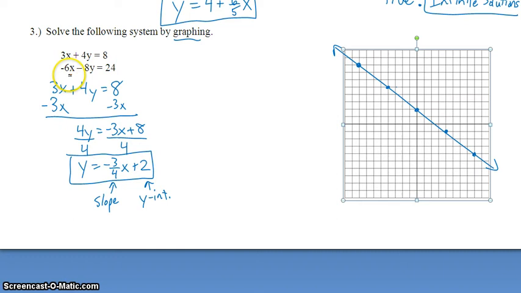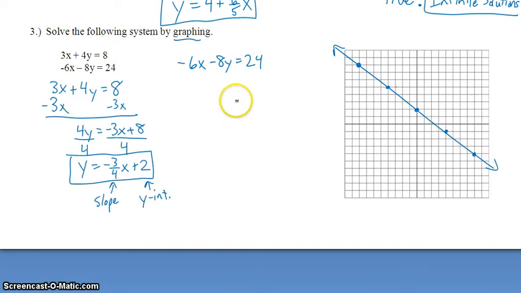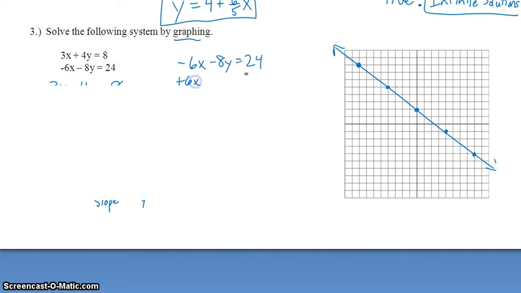Now let's graph our second equation, negative 6x minus 8y. To graph my second equation, I want to write it in slope-intercept form. I need to solve for this y. Add 6x.